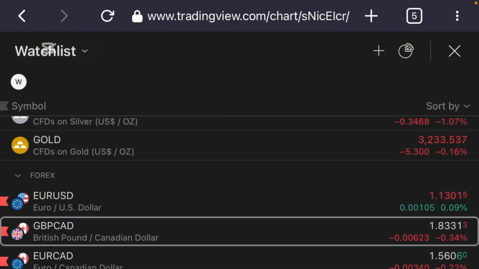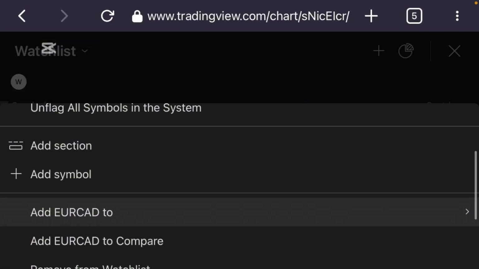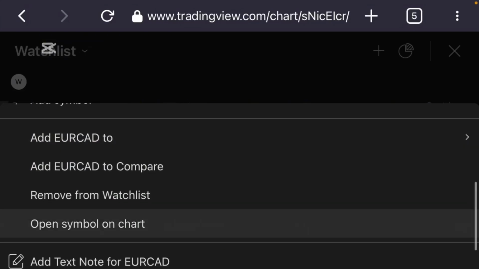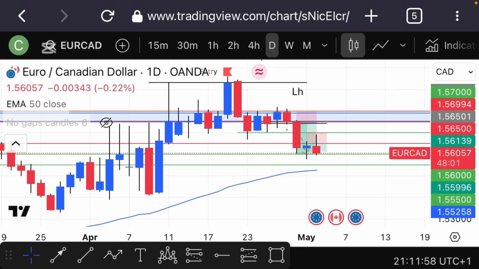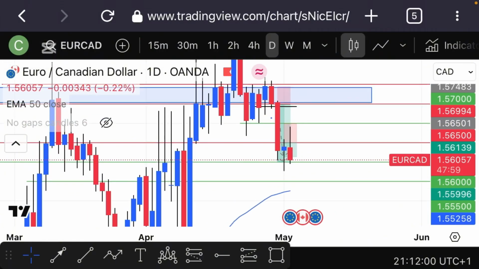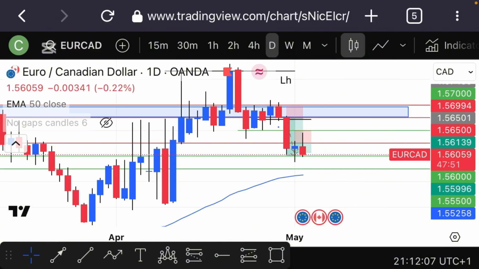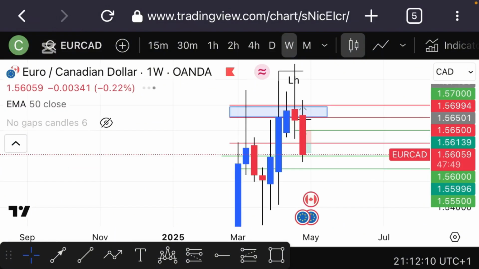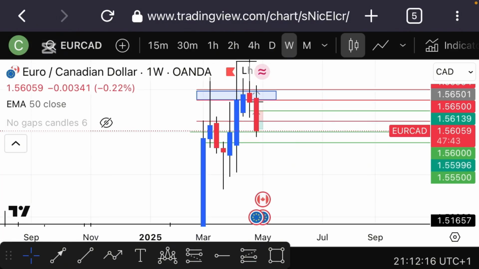So the next trade was Euro Cad. Euro Cad happened to perfection. If only I had paid attention to it rather than paying attention to Euro USD. But Euro USD looked cleaner than Euro Cad, that's why I was paying attention to Euro USD. So with Euro Cad, we were bullish on the weekly.